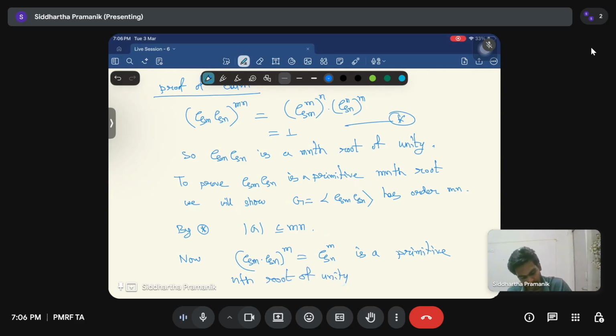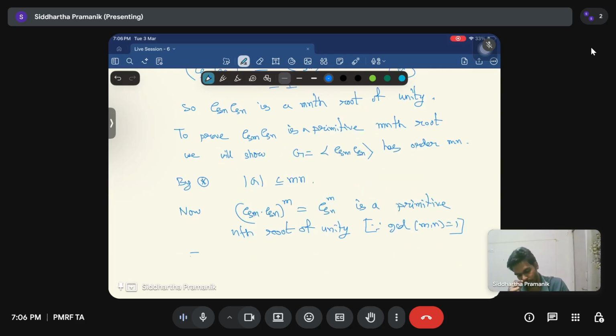And why is it a primitive nth root? Because the GCD of m and n is 1. So this implies G contains an element of order n. So this implies n will divide the order of the group G. This is by Lagrange's theorem.